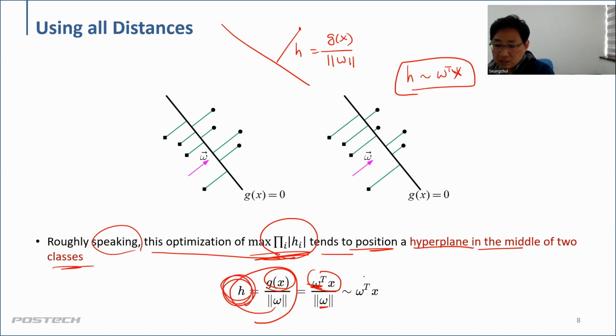And H is related to omegas, so omega is the decision variable that we have.